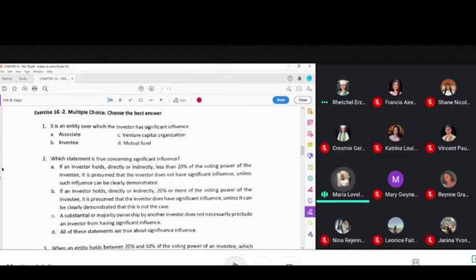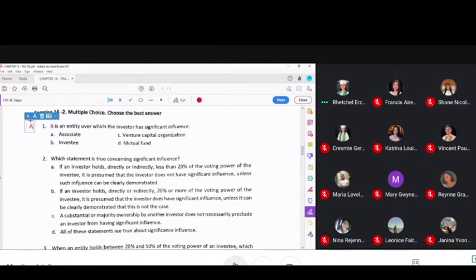B. If an investor holds directly or indirectly 20% or more of the voting power of the investee, it is presumed that the investor does have significant influence unless it can be clearly demonstrated that this is not the case. C. A substantial or majority ownership by another investor does not necessarily preclude an investor from having significant influence. D. All of these statements are true about significant influence. Our answer here, sir, is letter D. Okay, that's correct. I think I've explained Alpha and Bravo already.